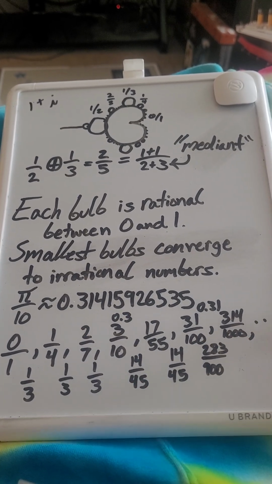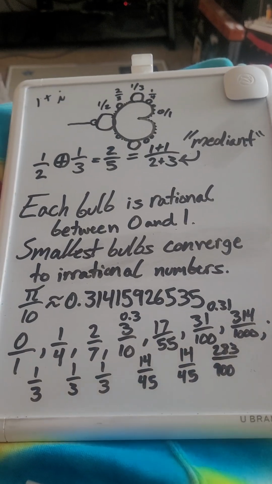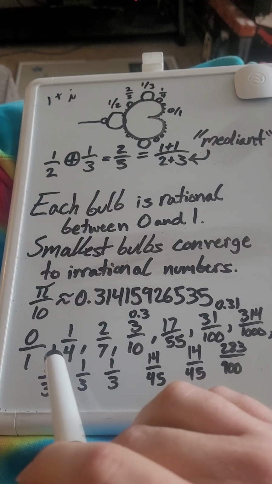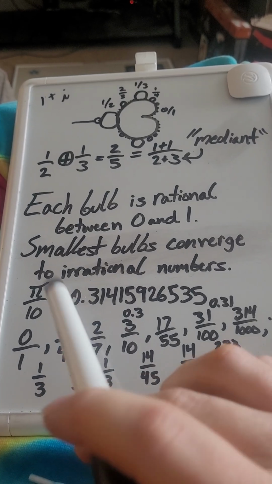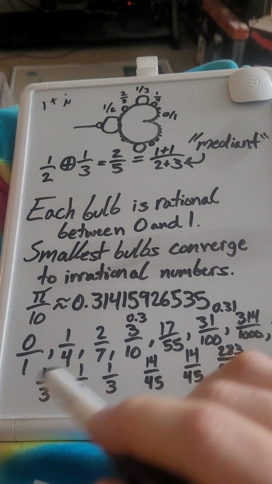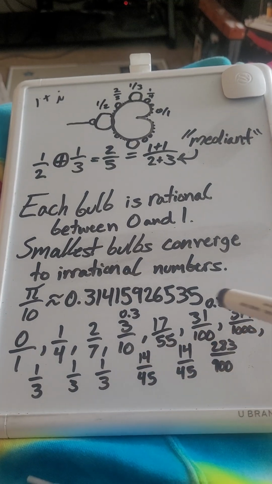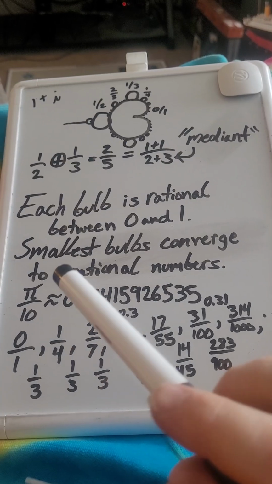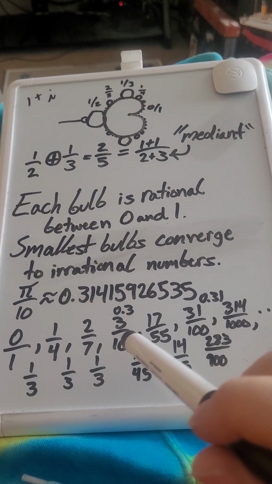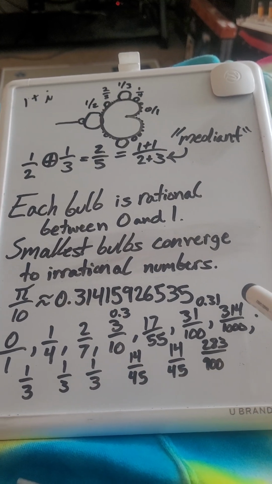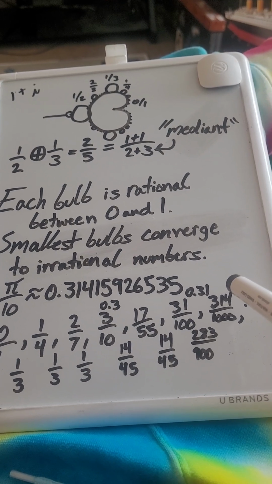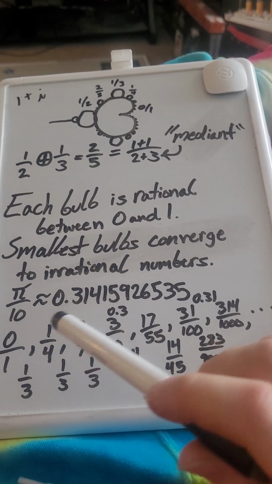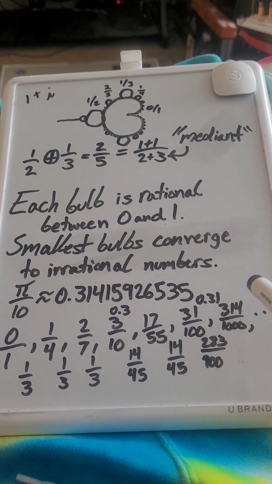It is kind of interesting how we converge to it because we get 1/4. Oh, wait, no, never mind. I was about to say something stupid, but I want to converge with numbers that are below it. Like 1/4 is below it, 3/10 is below it, 314 1,000ths is below it. So we're slowly climbing up and up and up, closer and closer and closer.